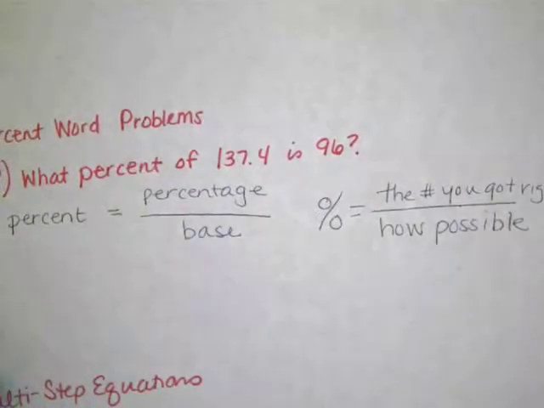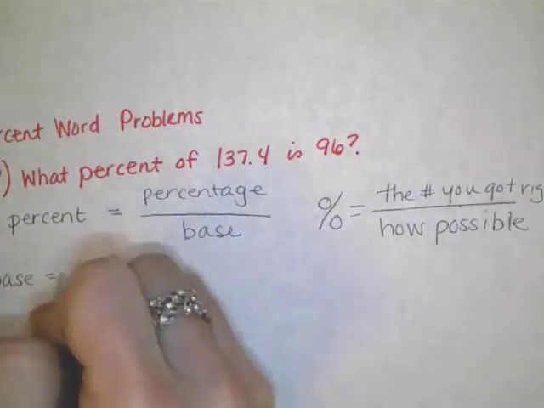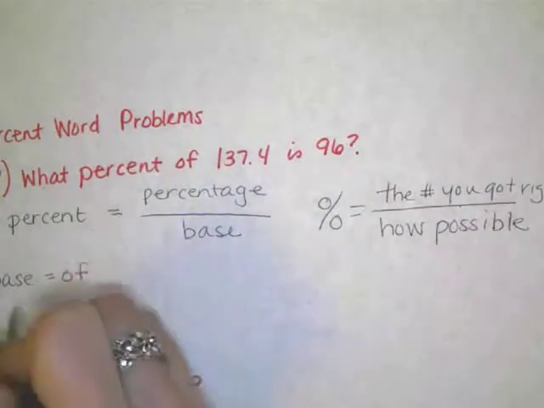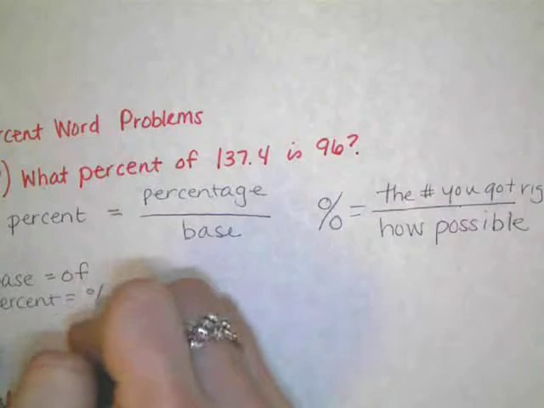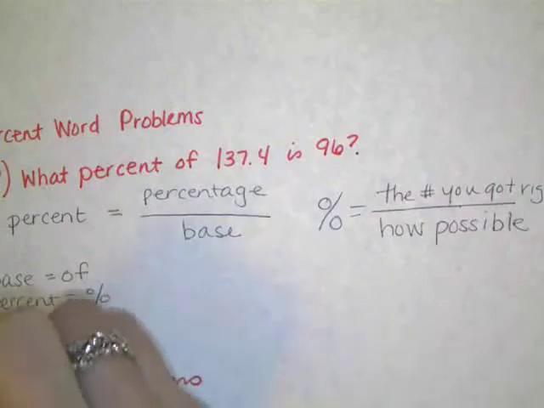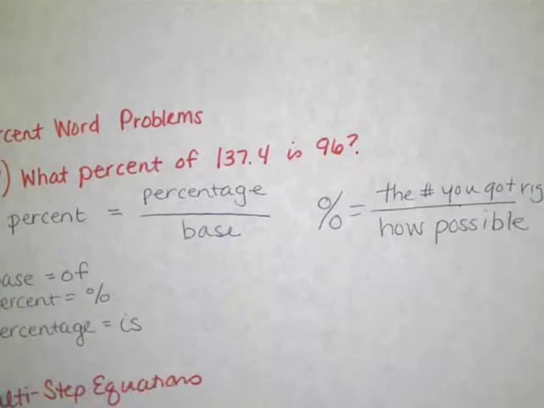So in this problem, the other thing you need to remember is base is usually represented by the "of" word. Percent is represented with the percent sign, and percentage is represented with the word "is."